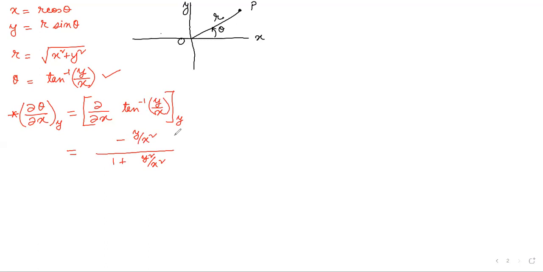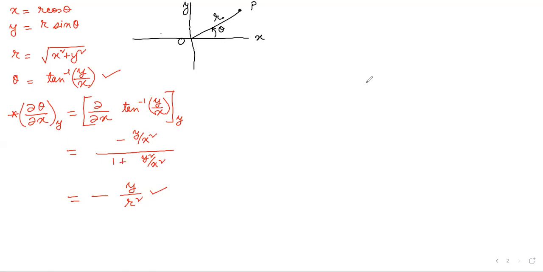Now if I multiply by x square in both the numerator and the denominator, I should get minus y by r square. So this is the value of dou theta by dou x at constant y. Okay, so far so good.